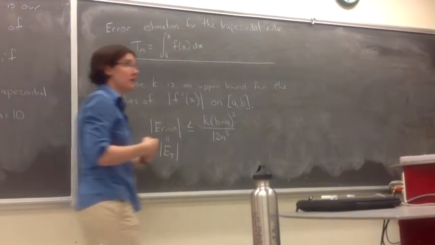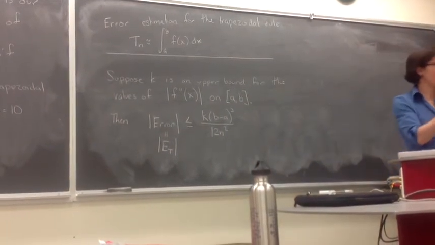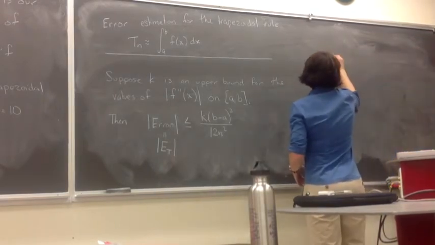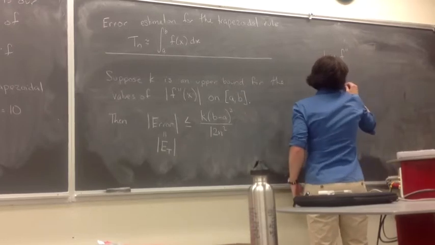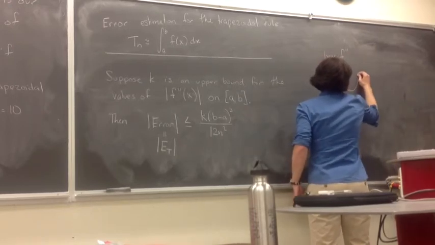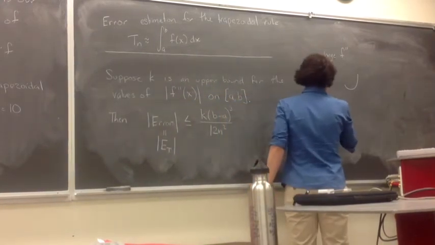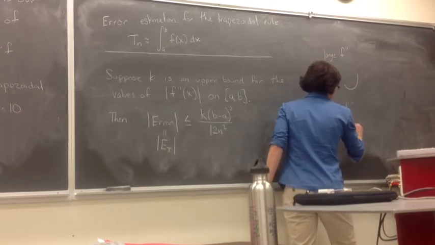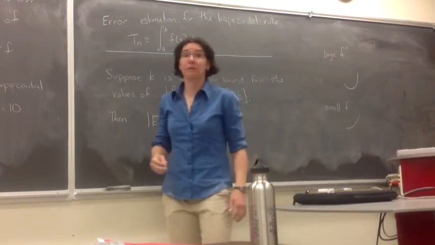Now, when the second derivative is very large in a positive direction, that tells us our function is strongly concave. So a large f double prime means my function is very strongly concave up, as opposed to a small f double prime, where I don't have quite so much concavity going on.